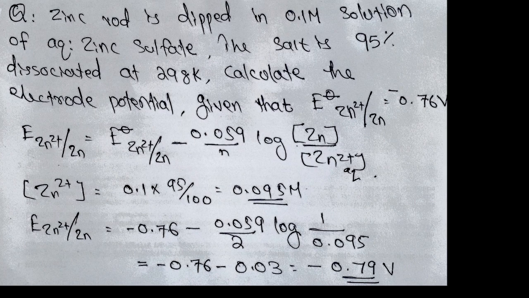So the concentration of Zn2+ is 0.1 times 95 divided by 100, so you will get 0.095 molar. Now substitute all these values in the Nernst equation. Finally you will get minus 0.79 volt. This is the answer.